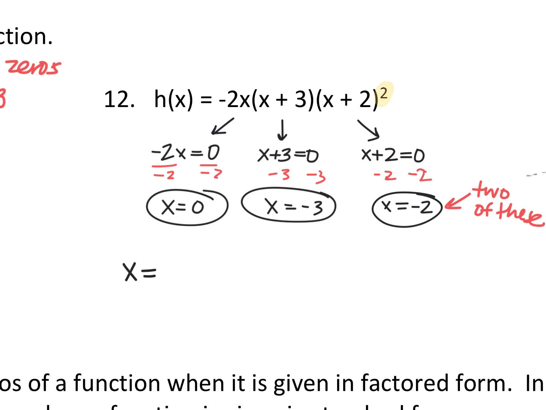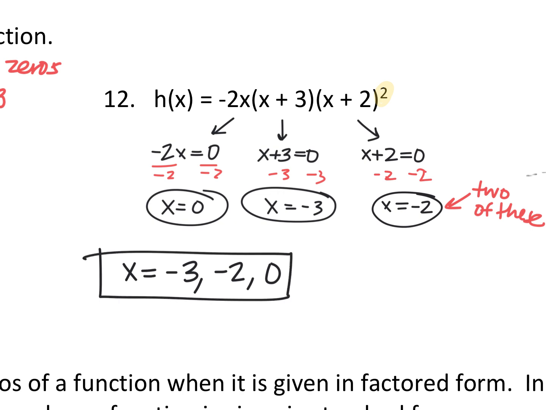So we would say our zeros here are -3, -2, and 0. But because it's squared, I have 1, 2, 3, 4. So a degree of 4, not 3. I'm counting how many x's I have, or how many zeros I would have. I have 1 at 0, 1 at -3, and 2 zeros at -2, which I know is weird, but we'll talk more about that next week.